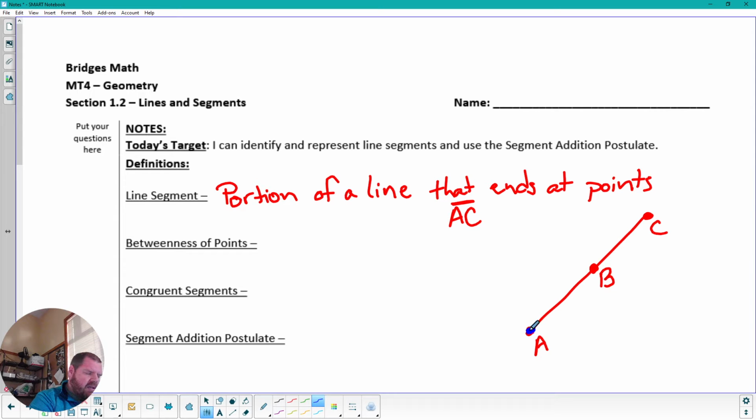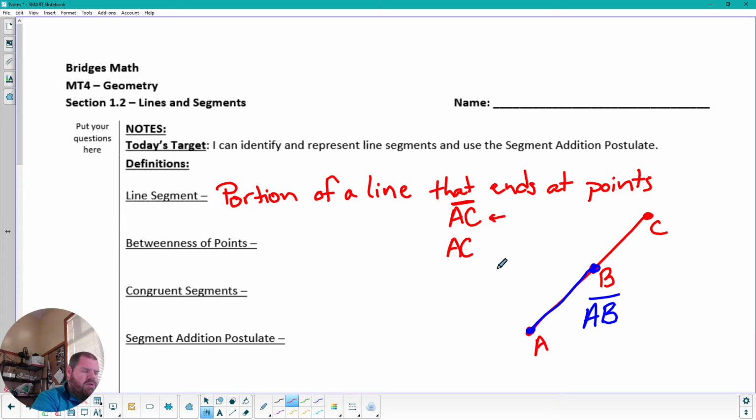AB today as a line segment only talks about from A to B, ending right there. That would be segment AB. So there is a difference between those two, and also a difference between this AC and just writing AC without the line over it.